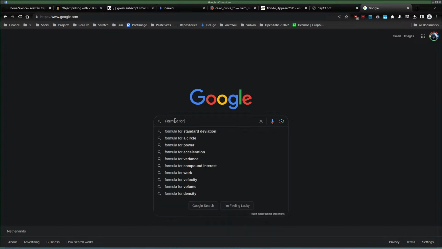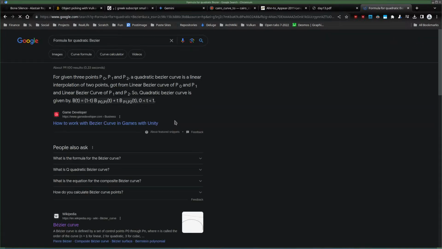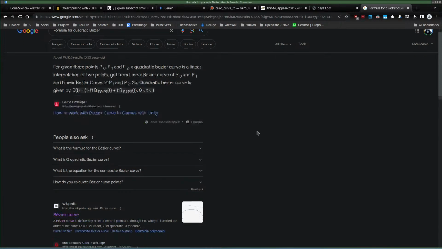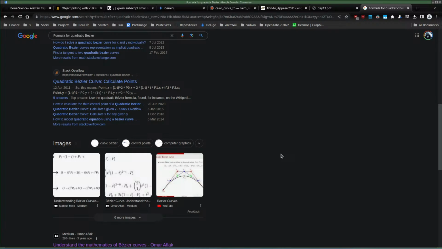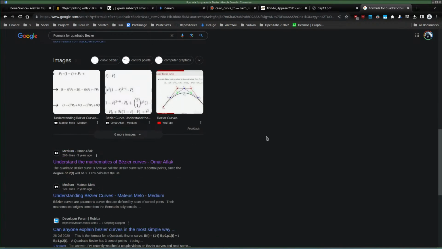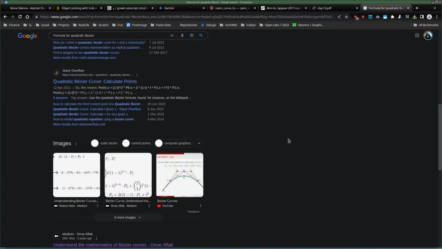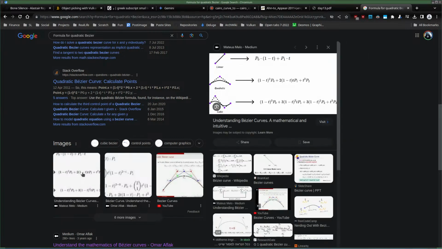Formula for quadratic Bezier. They all call me the difficult B. And I want it to be expressed in terms of the control point. I think this is the one.